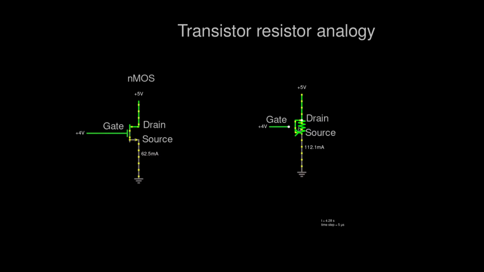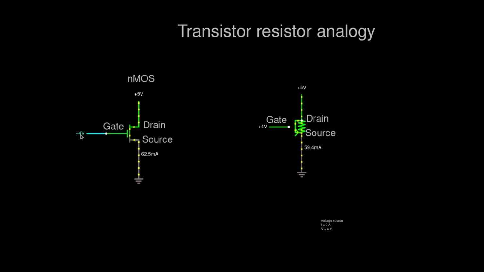So we can actually slide the slider a little to mimic that. The resistance grew higher because the gate voltage dropped down. It's actually not gate voltage, but the voltage between gate and source.